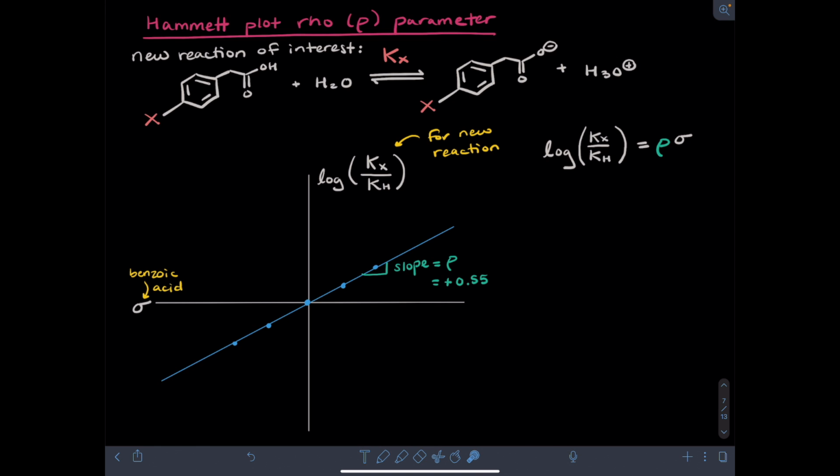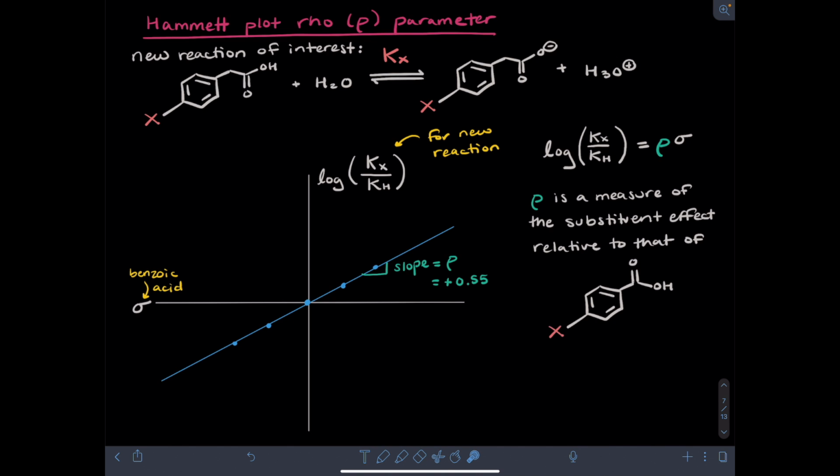and measure the slope. I'm going to call the slope rho, and in this case that I gave you for the reaction up above, the slope is positive 0.55. This rho for your reaction of interest is a measure of the substituent effect for the para-X group relative to that for the benzoic acid derivative itself.